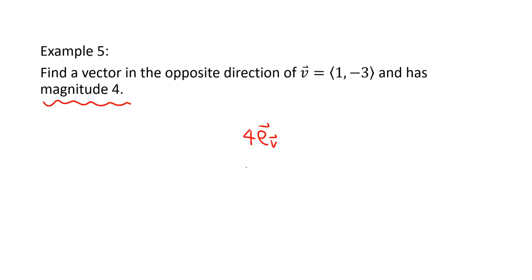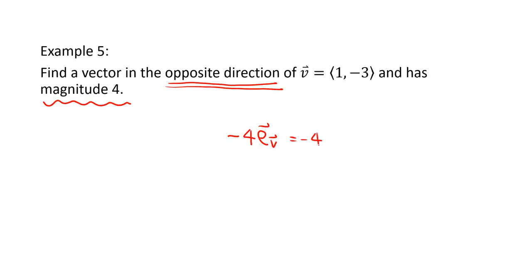Now, if we multiply something with magnitude 1 by 4, it's going to have magnitude 4. That's how we take care of this 4 part. Now, how do we make it the opposite direction? Well, we just talked about it. If we multiply by negative 1, then the vector is going to turn to the opposite direction. So that's how we find our answer.